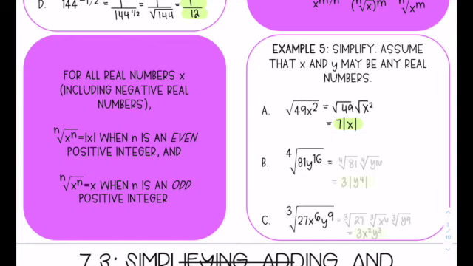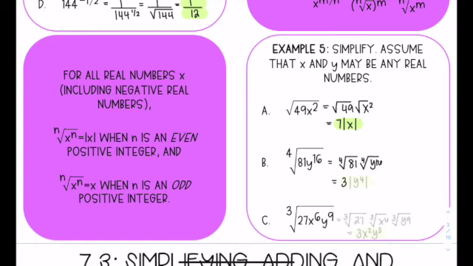Let's go ahead and try another one. We have the 4th root of 81y to the 16th. So same idea, we want to look at the number and the letters separately. So that's the 4th root of 81, and then the 4th root of y to the 16th. And so the 4th root of 81 is 3.